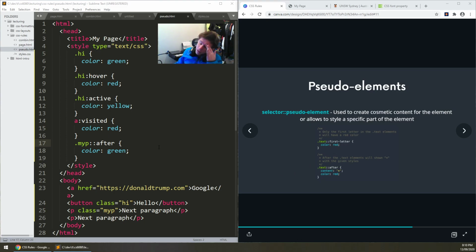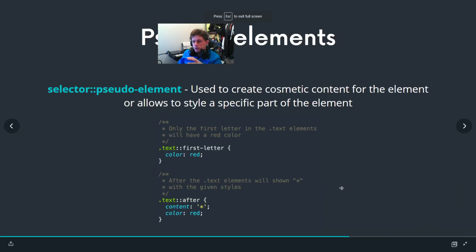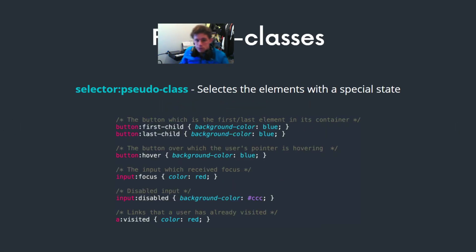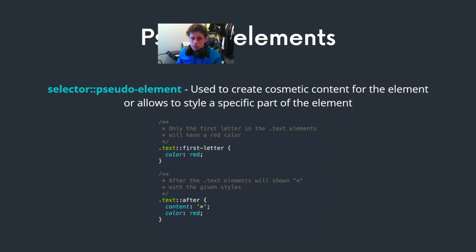But after and first letter are used, I mean in this case you can see that the examples we provided are text. And those text examples are because for double colon after, notice the difference as well between single colon. So pseudo classes just have a single colon, whereas pseudo elements have a double colon.